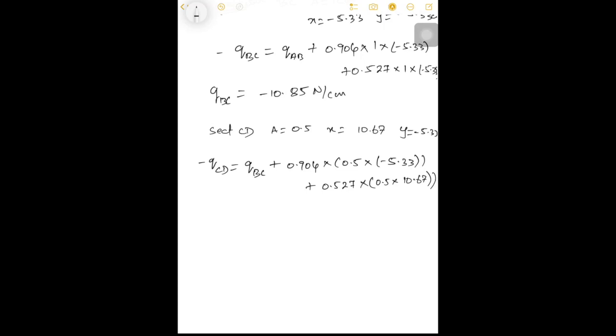Okay, so you resolve. QCD equal to minus 11.25 Newton per centimeter, you will get.